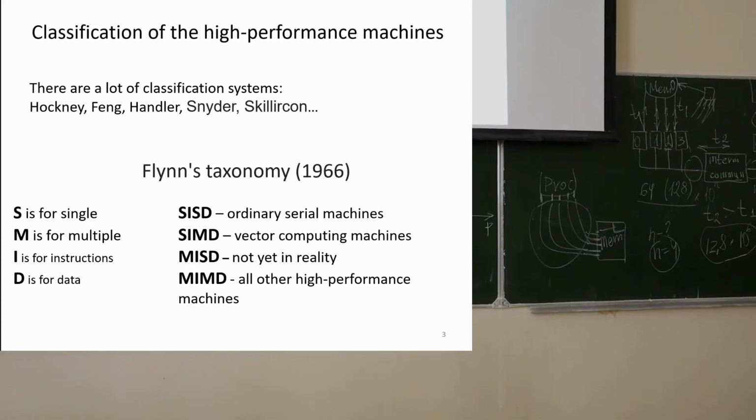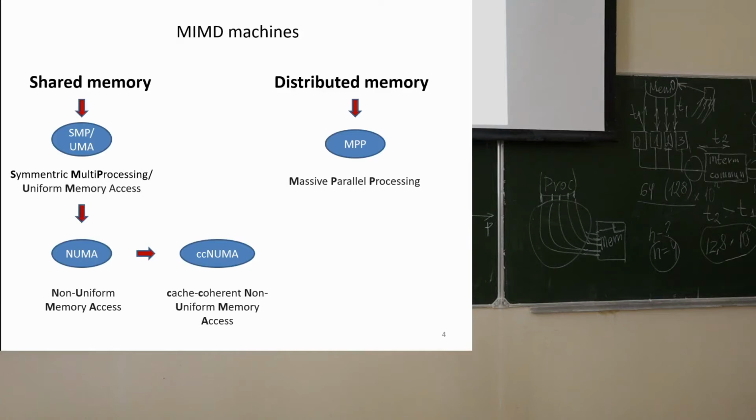And after this, we can consider some class in more detail from the memory structure, operational memory, I mean, not disk, but operational. We can divide this class of machines into two big branches, shared and distributed memory.